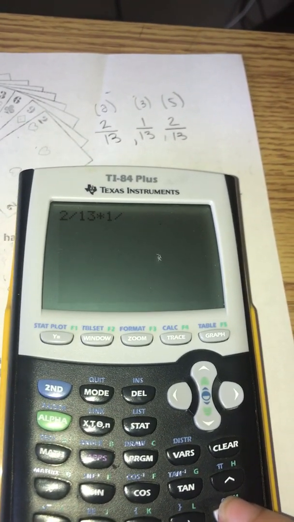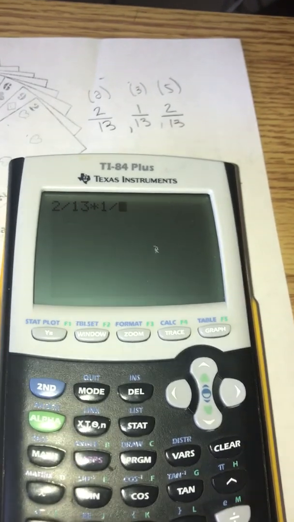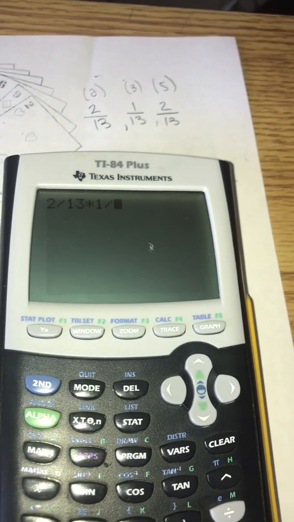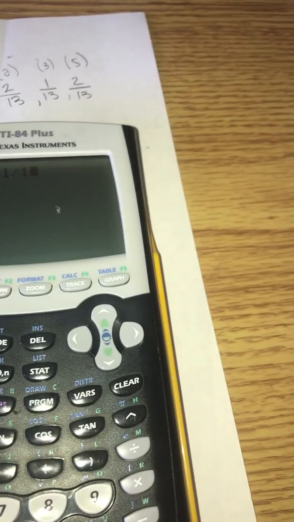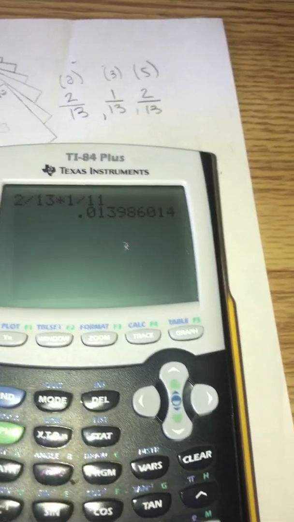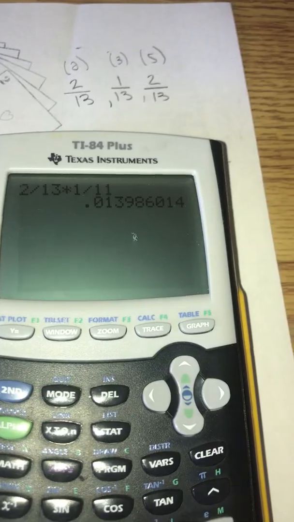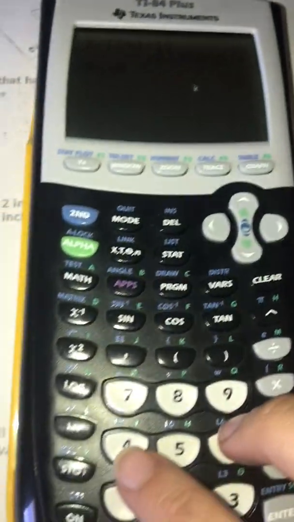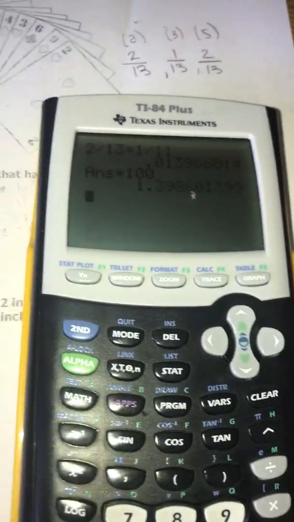So if we were to take those out, we'd have 12. Or no, 11, sorry, minus the number 2 cards. And so that gives us that decimal, and we'll multiply it times 100 to get a percent, and we got 1.39%.